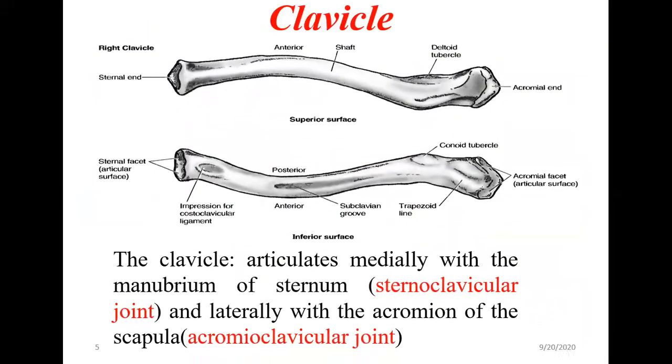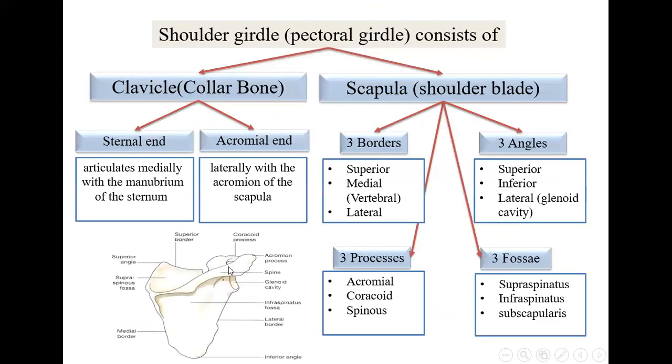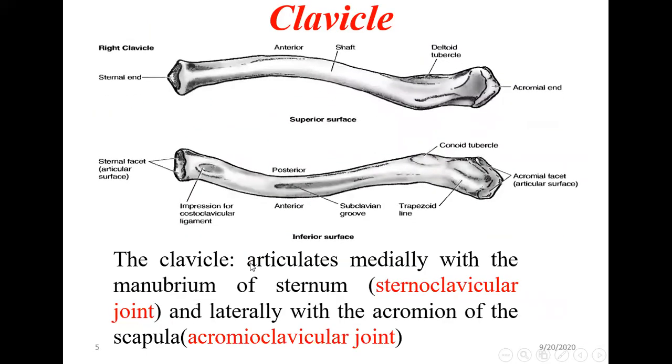Now we discussed the two ends of the clavicle, the sternal end and the acromial end. The sternal end will be in contact with the sternum, the manubrium sterni. The acromial end will be in contact with the acromial process. The clavicle articulates medially with the manubrium of the sternum by a joint called the sternoclavicular joint.